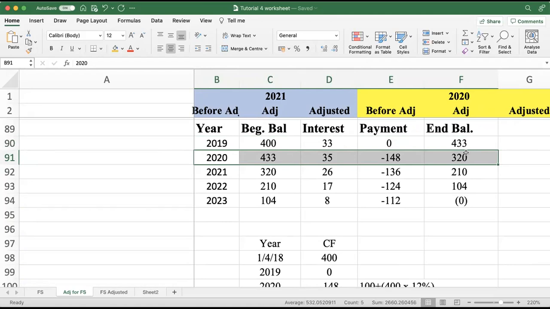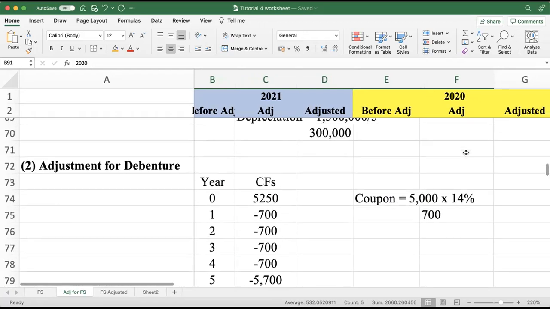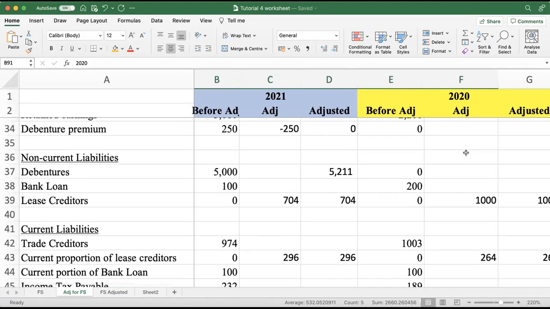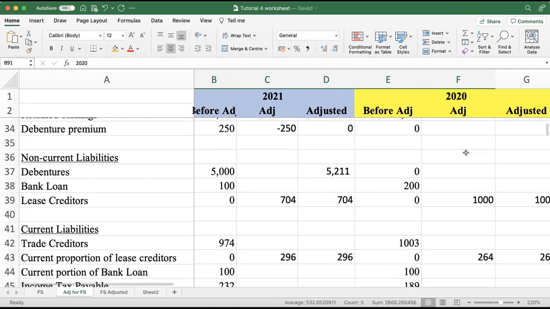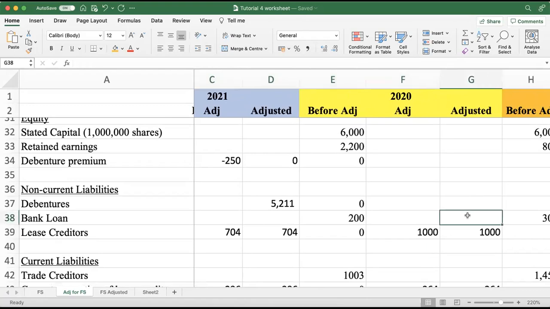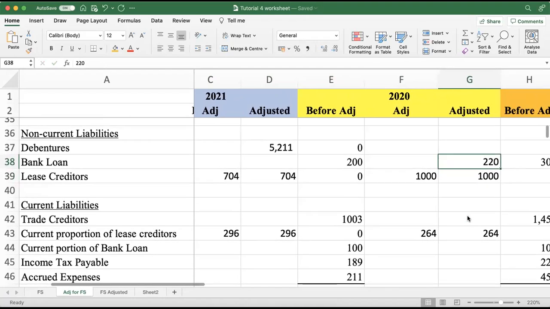Then out of 320, 100 is current liability. Balance 220 is non-current liability. So for the bank loan liability at the end of 2020, the adjusted liability should be 220 under non-current liabilities. Then 100 is current liability.